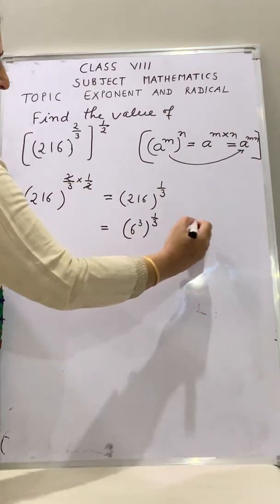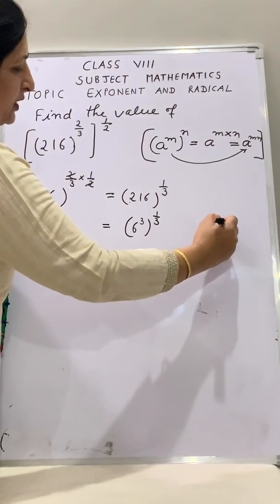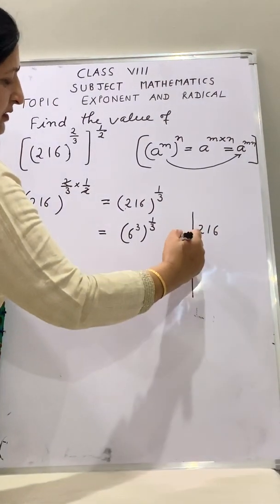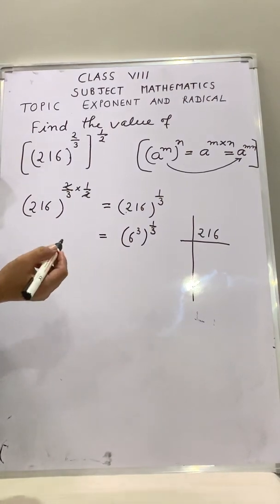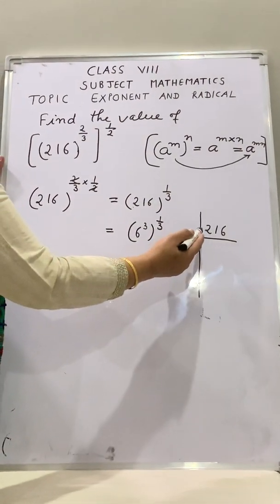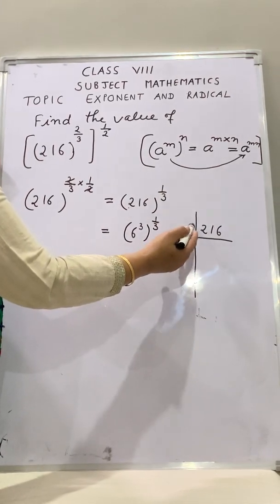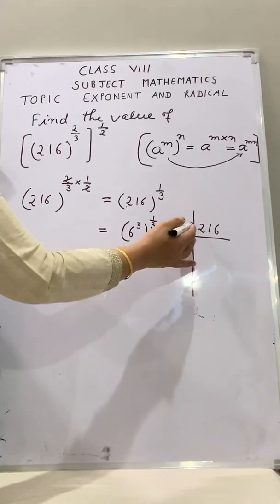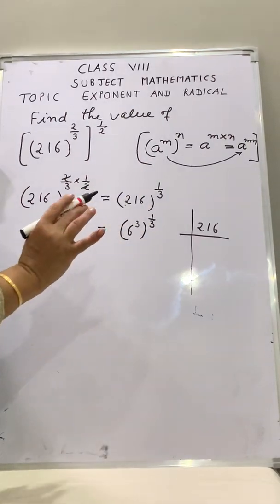How? You can make the factors of 216. It is not necessary to make prime factors here. You can make prime or composite both types of factors.